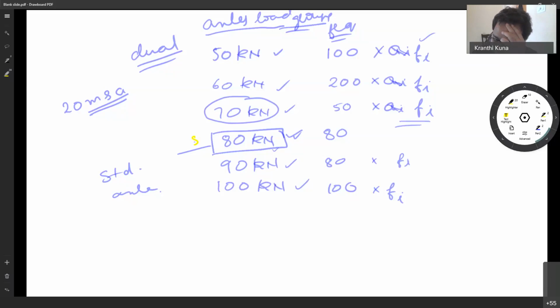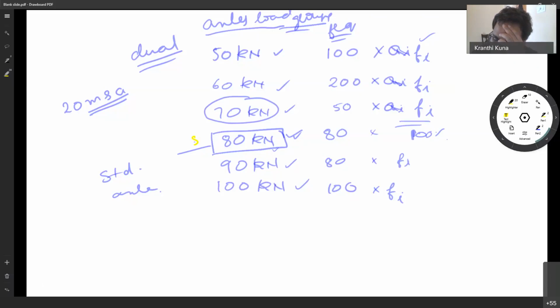Say for example, this is causing some damage, 100% damage. So the 70 kilonewton obviously causes less damage.